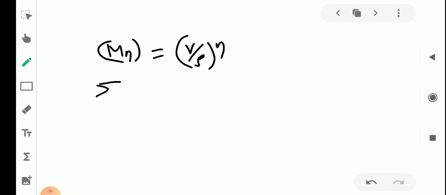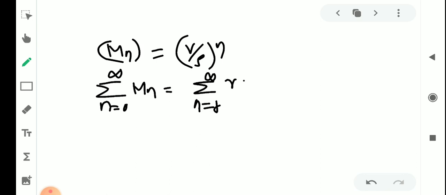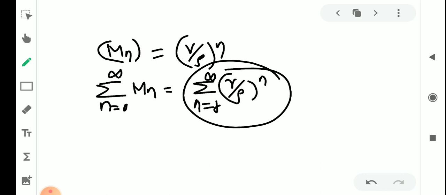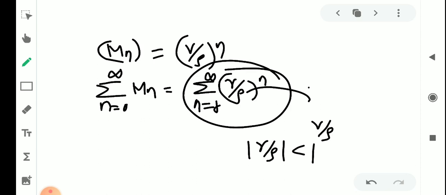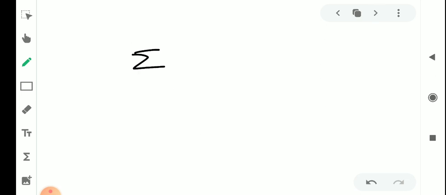Then we consider sigma n equal to 0 to infinity mn, that is sigma n equal to 0 to infinity r by rho all raised to n, which is a geometric series with first term 1 and common ratio r by rho. We have modulus of r by rho less than 1. Therefore this geometric series converges. That is, sigma n equal to 0 to infinity mn converges.